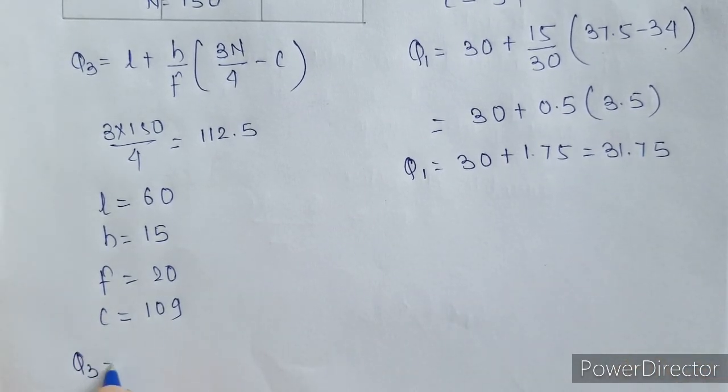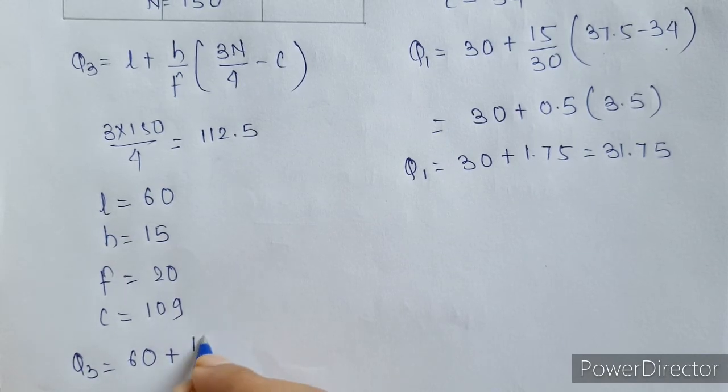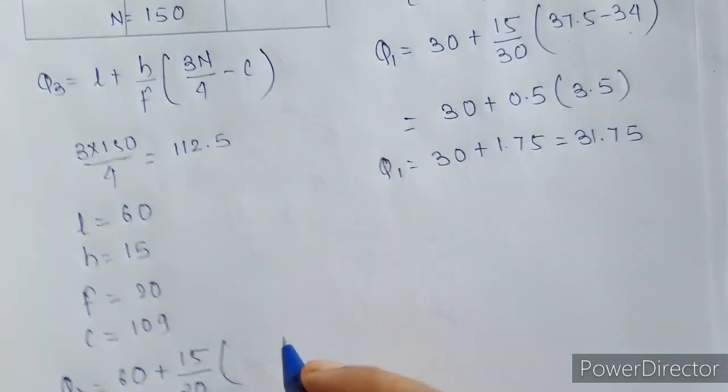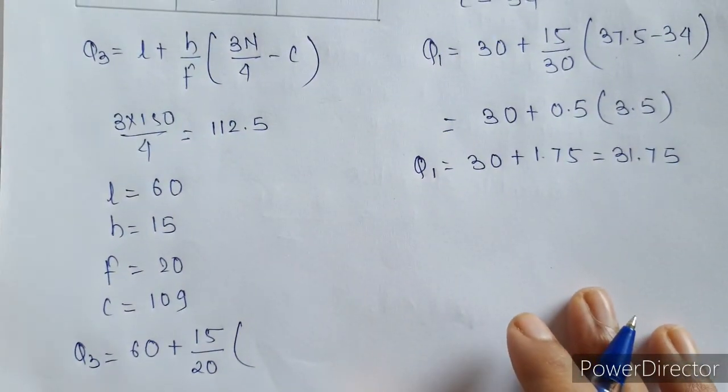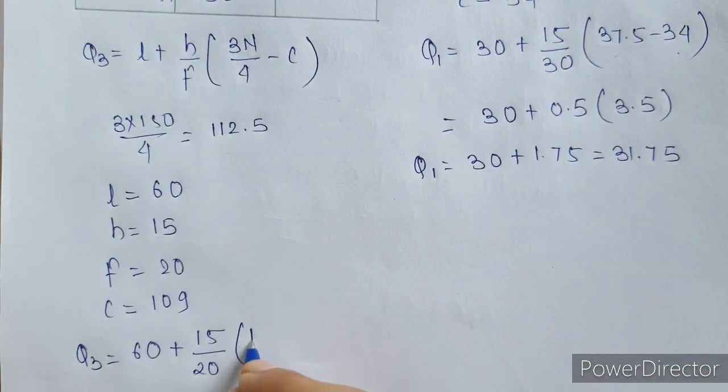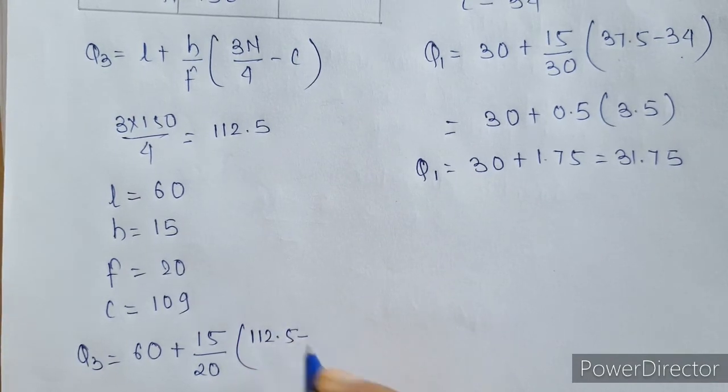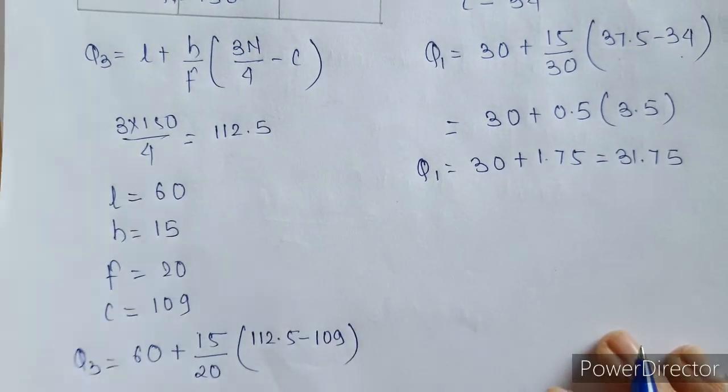Okay. Again the same thing, we have to substitute back in the formula. So Q3 is L, which is 60, plus H 15, frequency 20, 3 times n by 4 is 112.5 minus cumulative frequency of the preceding class, that is 109.